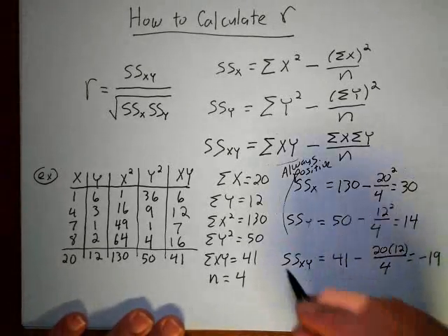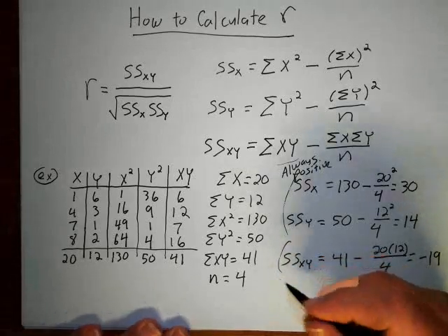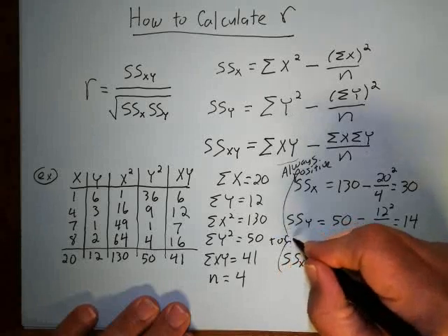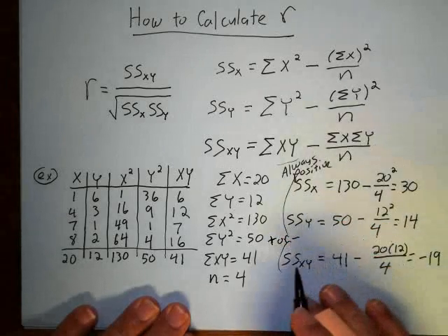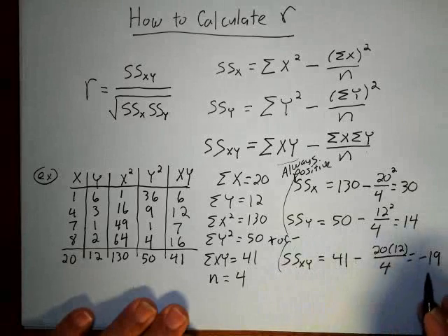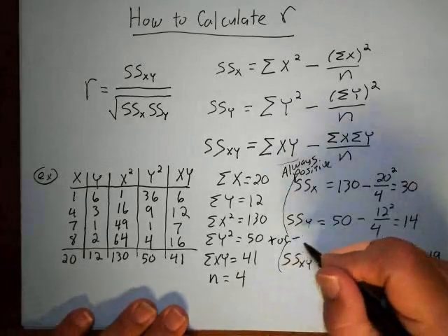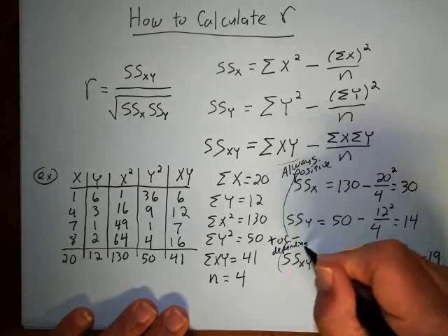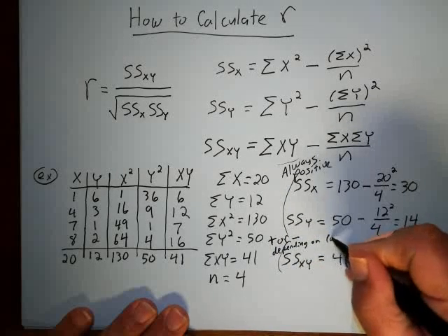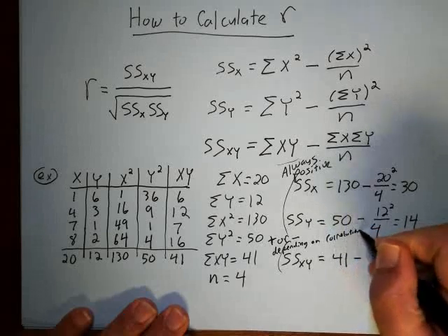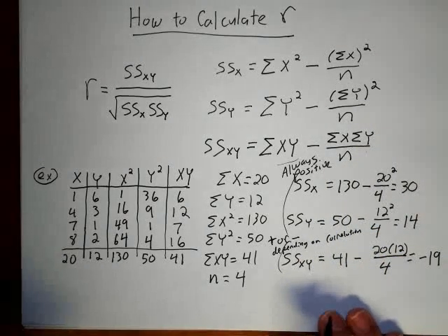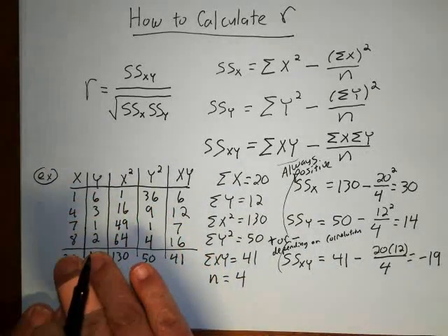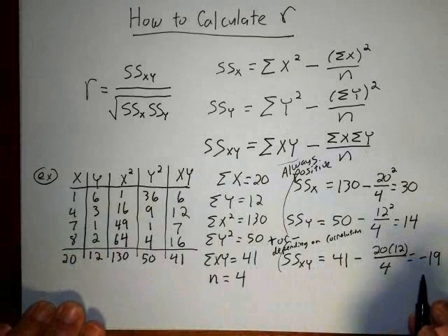Now the SSXY, this will be positive or negative depending on the type of correlation. And so what I mean by that is if these original ordered pairs have a negative correlation, this better be negative.